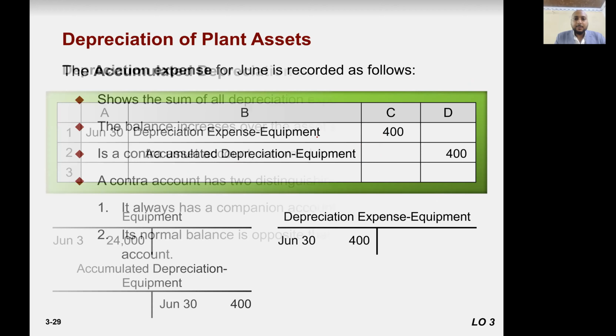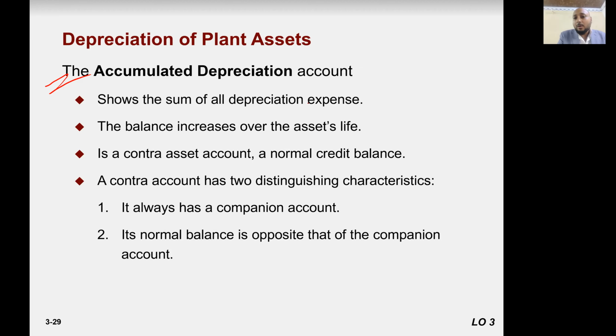Here we go. Accumulated depreciation shows the sum of all depreciation expenses. So this is not just one equipment. This is on furniture, on building, on production plant, on chairs, on fixtures, anything. All complete depreciation, so that we know how much our total depreciation is.